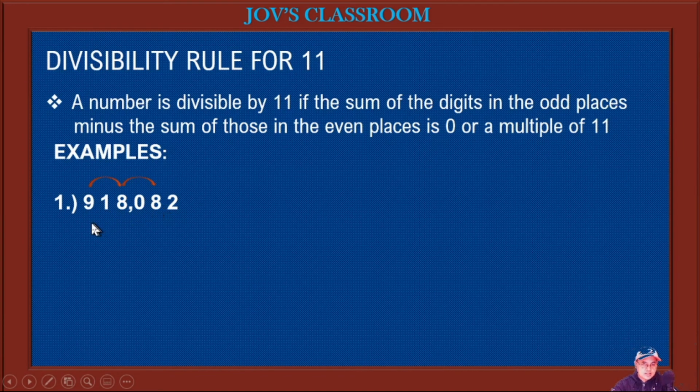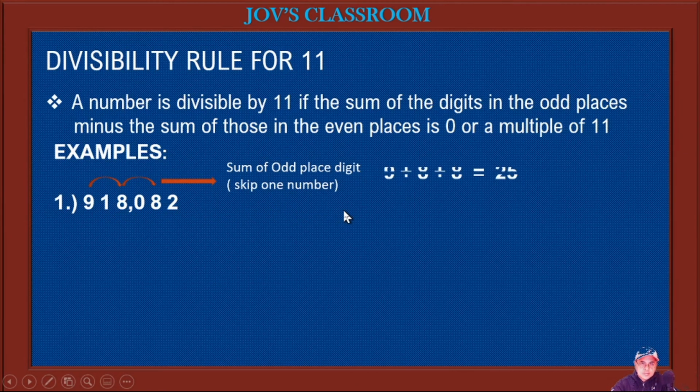Those are the odd places, because they are positions 1, 3, 5. So we need to get the sum of them. 9 plus 8 plus 8 is equal to 25.